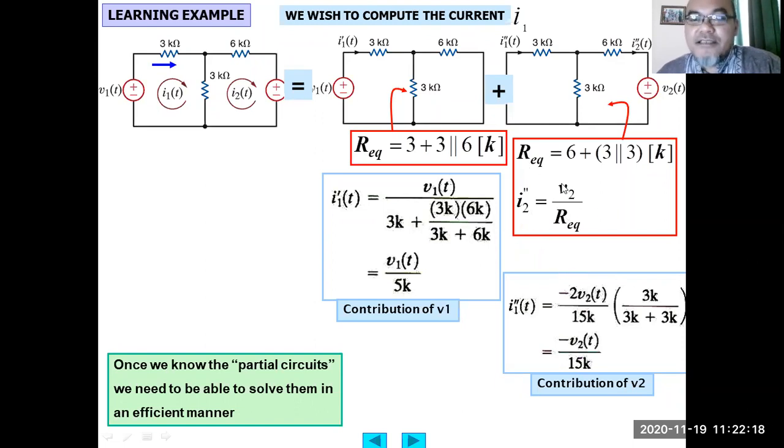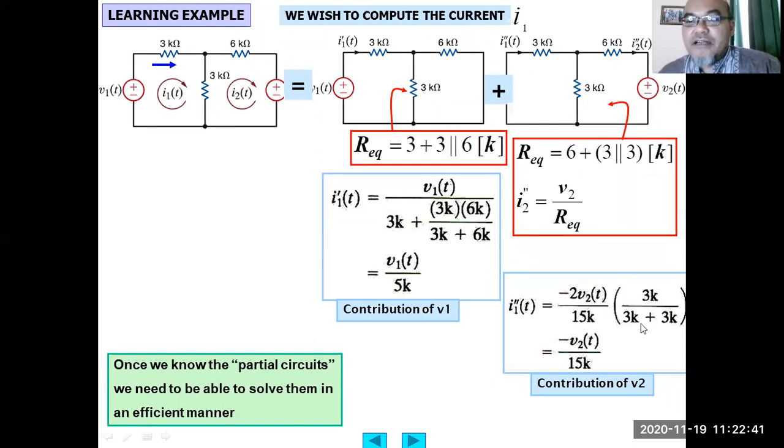This is the current flowing through here. The current flowing through this 3 kilo ohm is a current divider, right? So it can be calculated from this current, multiplied by 3K divided by 3K plus 3K.